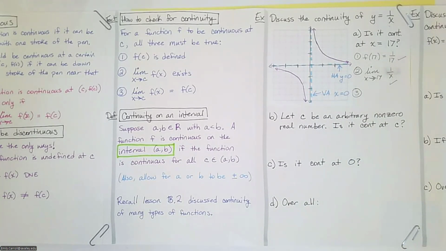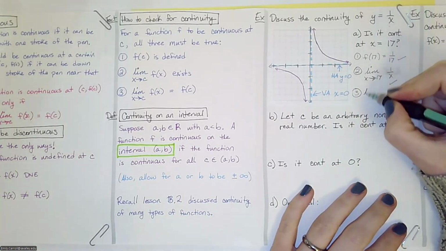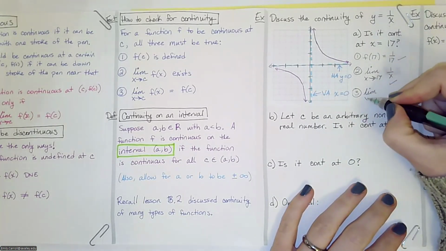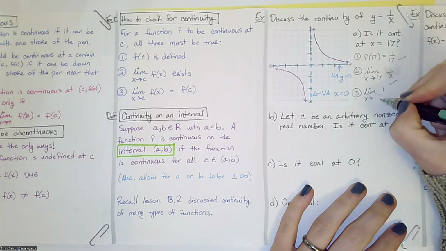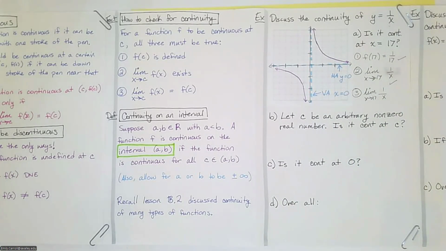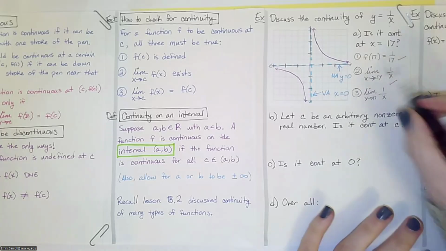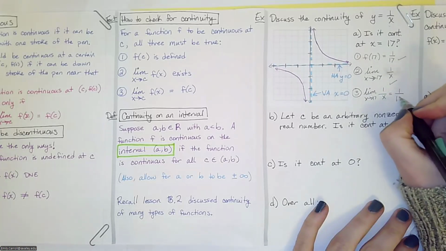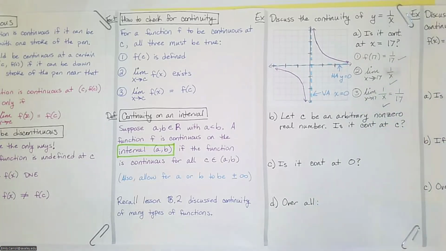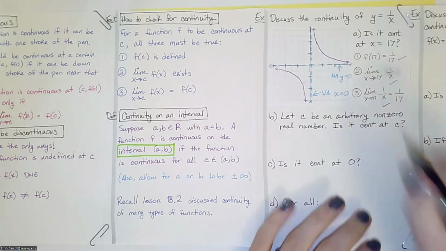But is that limit equal to its function value? Yes. All right, we said that for rational functions, we can use direct substitution so long as we don't have any divide by 0 issues. 1 over 17 is not 1 over 0. Check. So yes, it is continuous at 17.